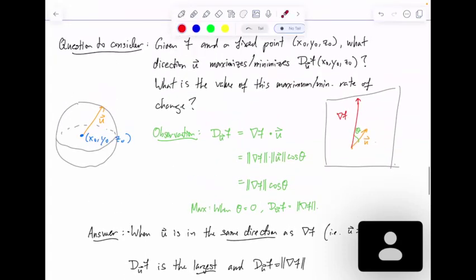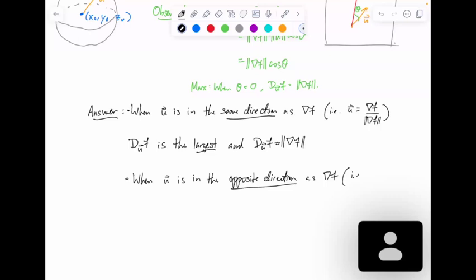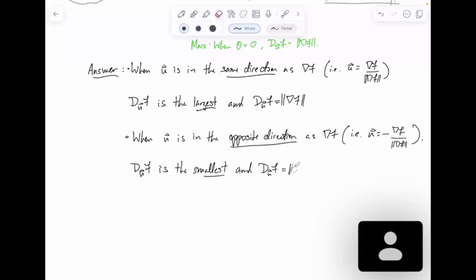From this observation, when u is in the opposite direction as grad f, i.e. u is equal to minus the gradient divided by its magnitude, the rate of change of f in that direction is the smallest, and it is equal to minus the magnitude of the gradient of f. Now, in what directions does f not change at all?